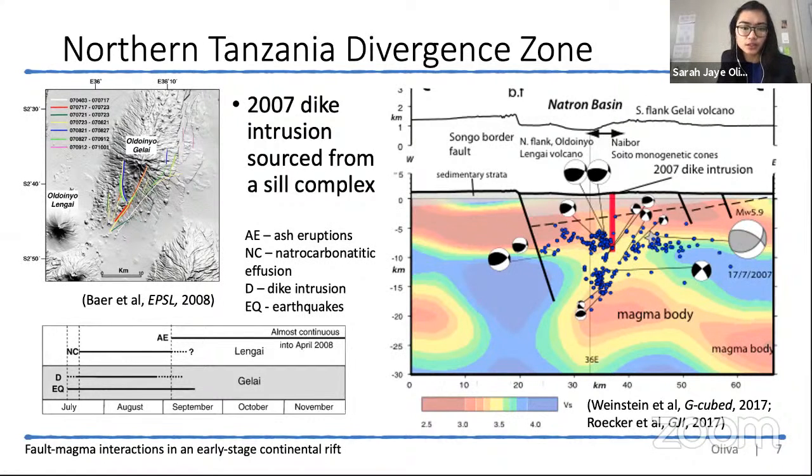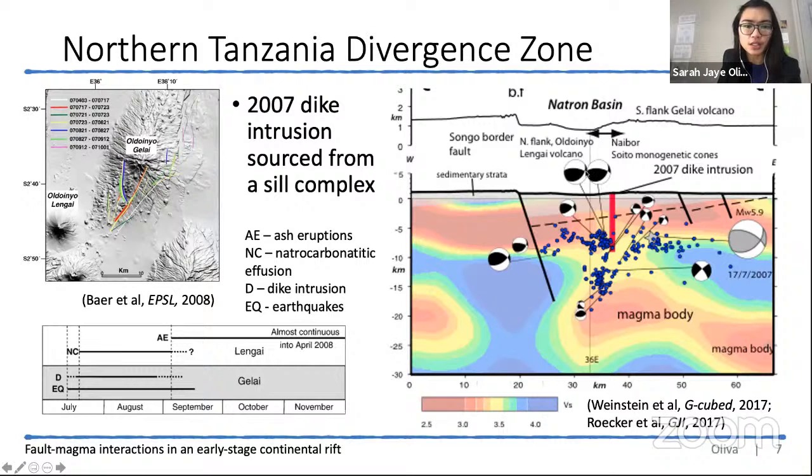We think there are shallow sills up here, sourced from a deeper, lower crustal magma chamber, as imaged from seismic tomography and also by looking at the distribution of earthquakes in the area. That was from the local seismic array in 2013 to 2014. And so we think that the diking is actually sourced from these sills.